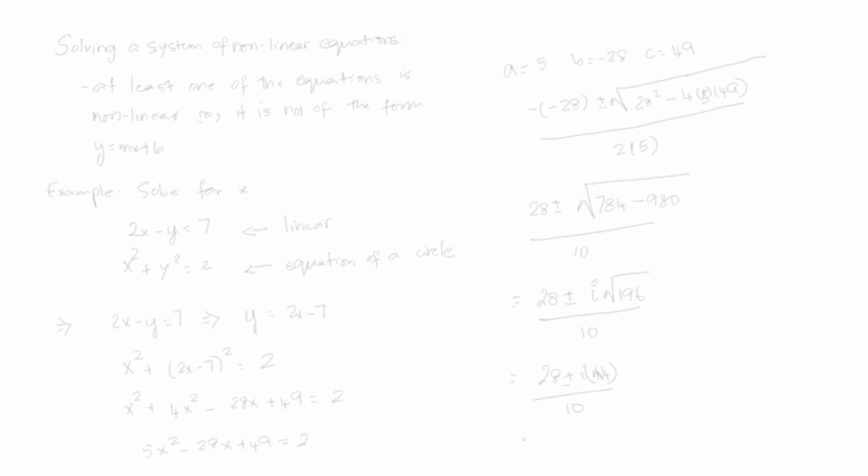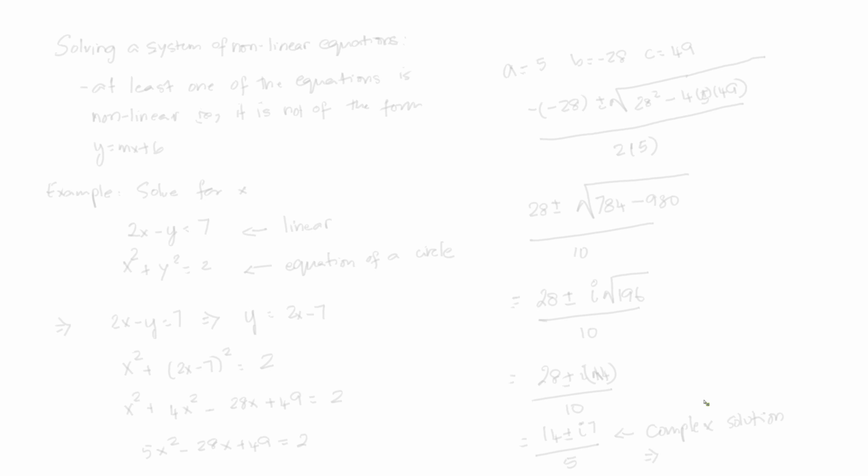Have 2 in common, so we have 14 plus or minus 7i over 5. Here we actually end up getting a complex solution. The moment you get a complex solution, it tells us that the system does not have a real solution.